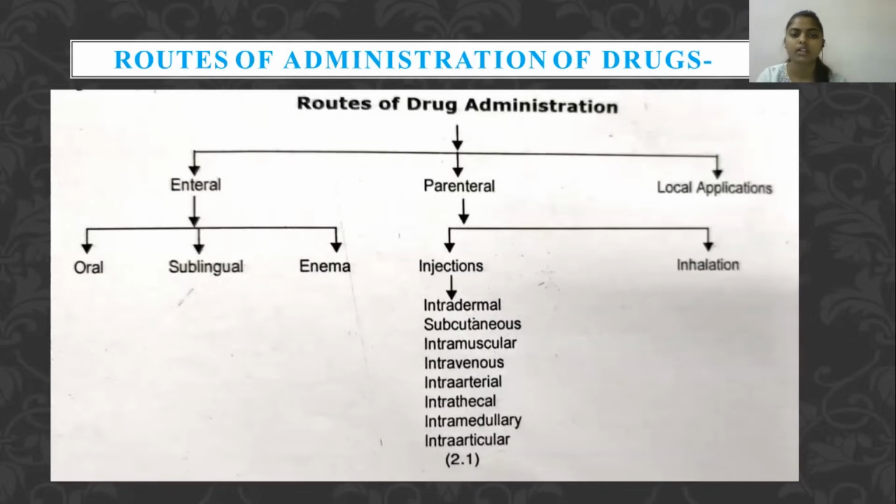And in parenteral there are injections like intradermal, subcutaneous, intramuscular, intravenous, intraarterial, intrathecal, intramedullary, intraarticular. So these are the different types of injections. Then inhalation is there. So let's discuss the routes one by one.